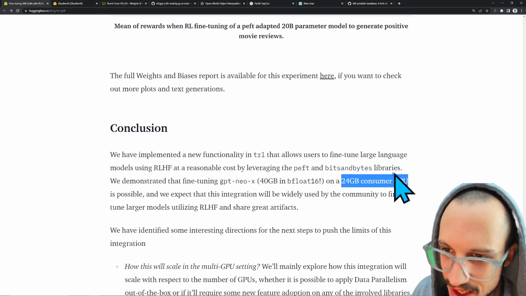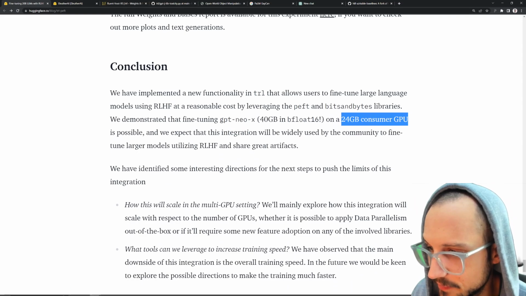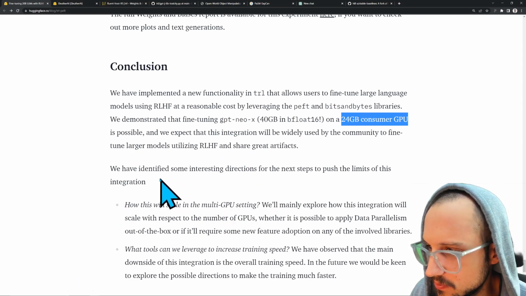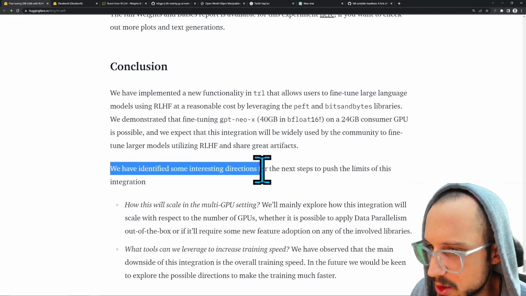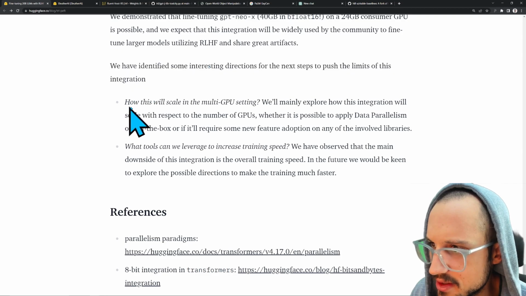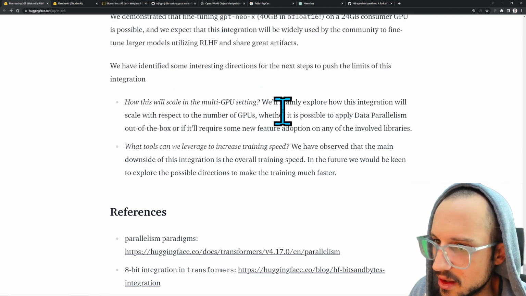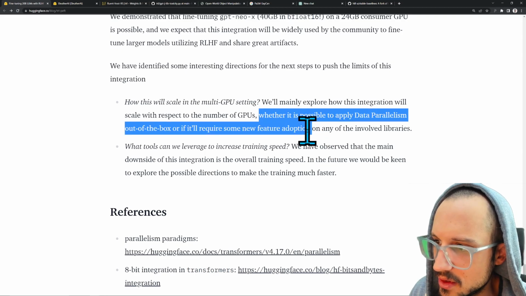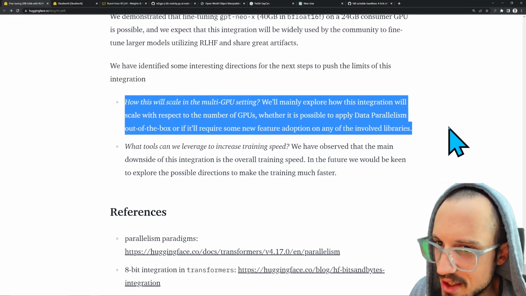They used a A100. So we've identified some interesting directions to push the limits. How will this scale in the multi-GPU setting? Yeah, I don't think this is going to be as easy as they say it is.